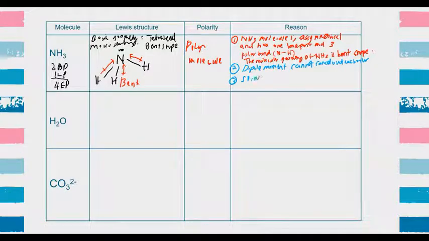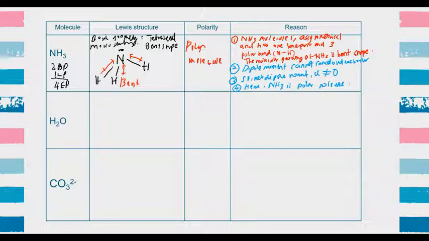So net dipole moment mu not equal to 0. Point keempat, hence ammonia is polar molecule. Saya akan jawab macam itulah.